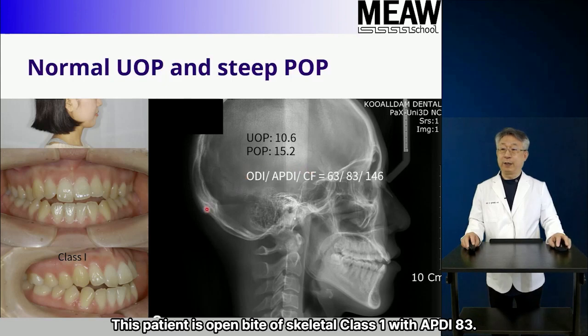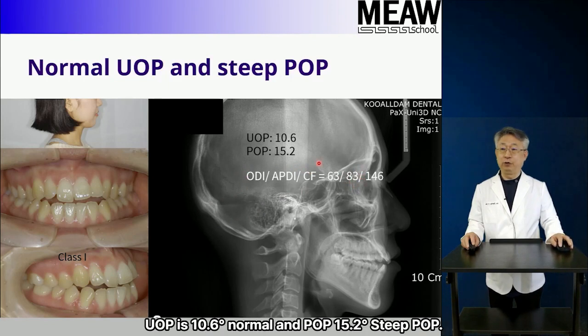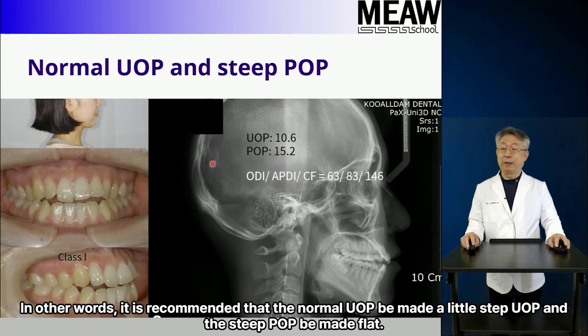This patient is open bite of skeletal Class 1 with APDI 83. UOP is 10.6 normal and POP 15.2 steep POP. In other words, it is recommended that the normal UOP be made a little steep UOP and the steep POP be made flat.